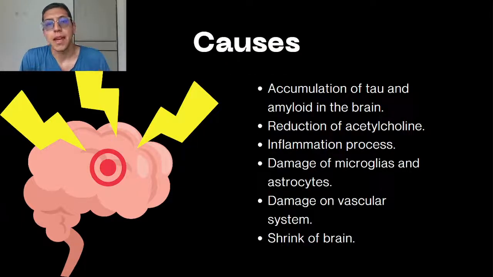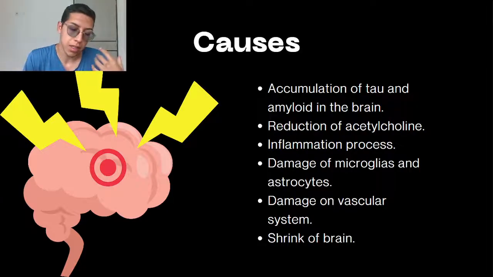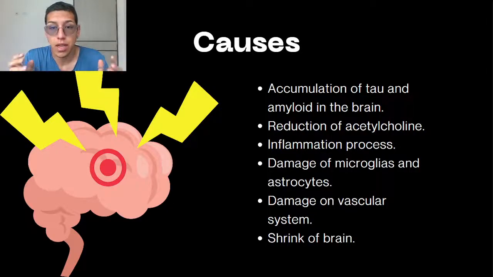So, causes. Here it's important to highlight that some authors say that there are no punctual causes of dementia, but it is the interaction of several factors that display dementia. On the other hand, there are other authors that say that accumulation of tau and amyloid proteins in the brain are probably the causes of Alzheimer's.